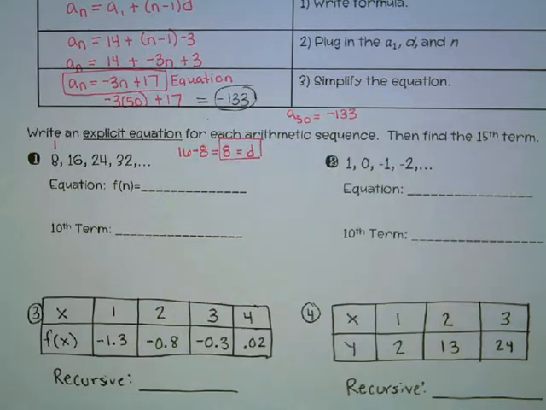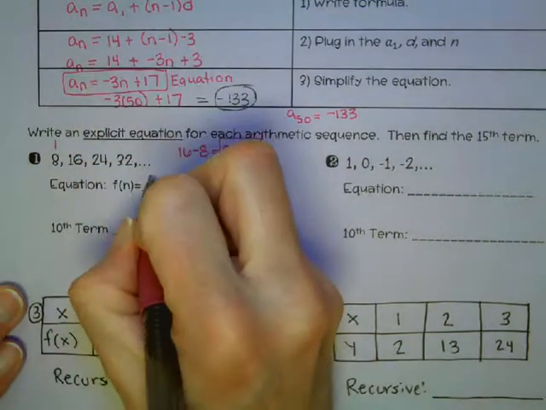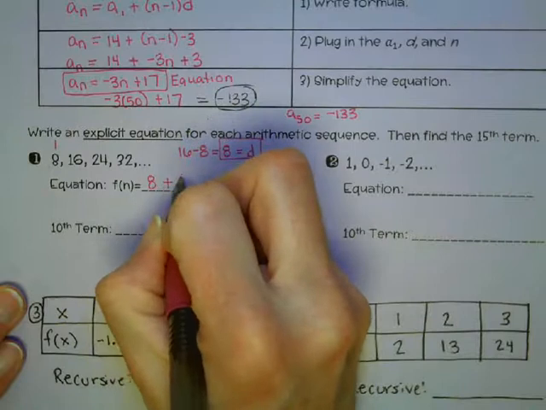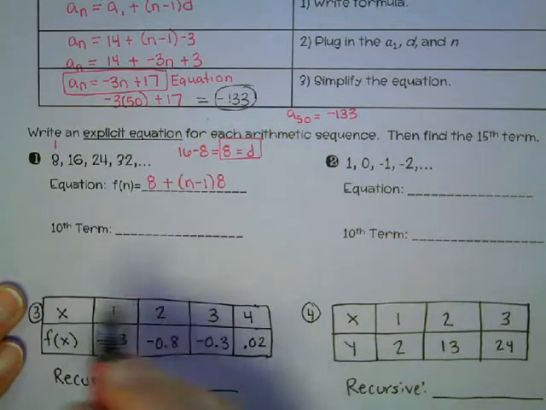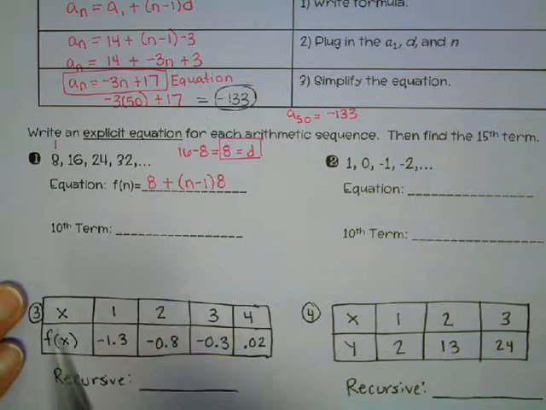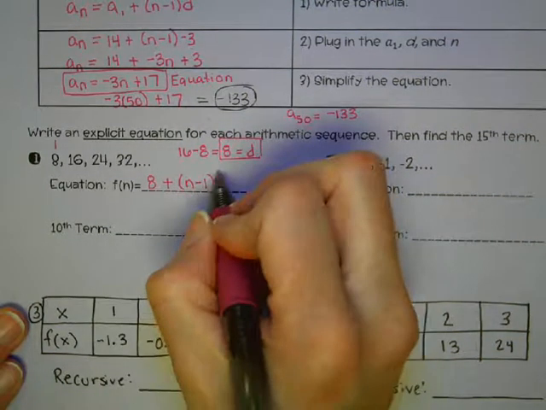Okay, so A1, here's my formula. A1 is 8 plus n minus 1 times 8. And they wrote f of n instead of like a of n. It's okay. We're going to distribute to get rid of our parentheses.